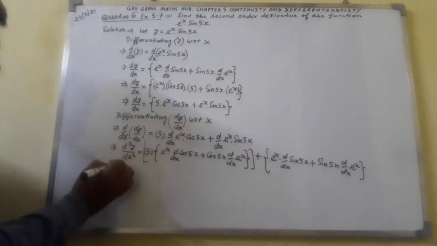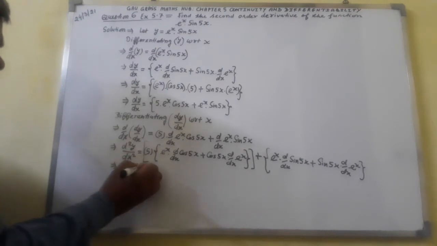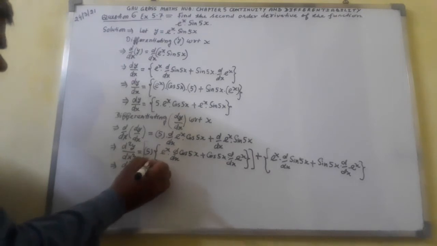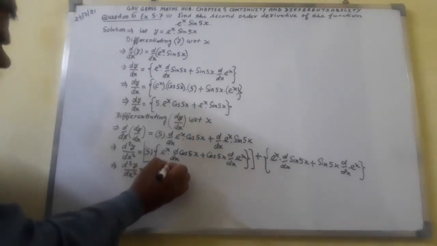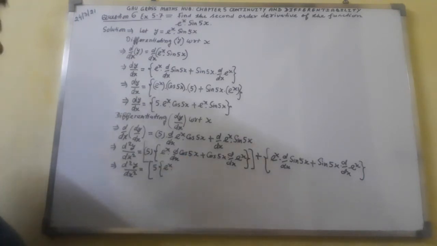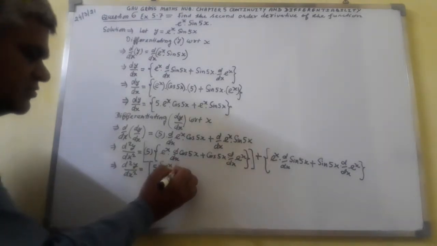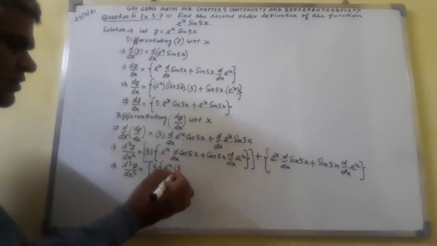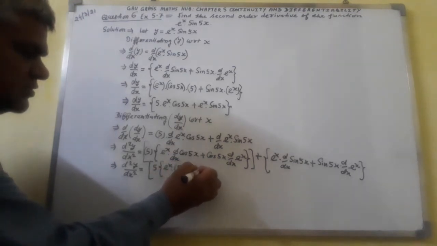Again I shall write d square y over dx square is equal to, here I shall write 5, open here curly bracket, e raised to the power x dot d over dx of cos 5x. d over dx of cos 5x I shall get here 5, in bracket I shall write minus sin 5x.